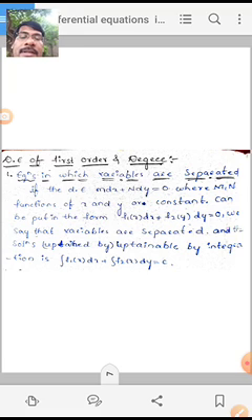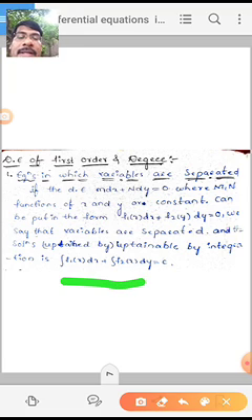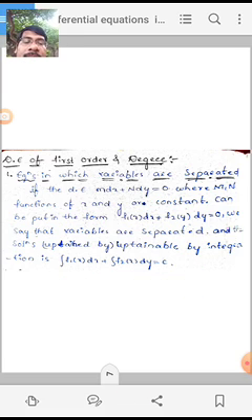We are getting this form: integration of f1 of x dx plus integration of f2 of y dy is equal to c. By this integration we are getting the solution of the first order first degree differential equation. The variables are separated.